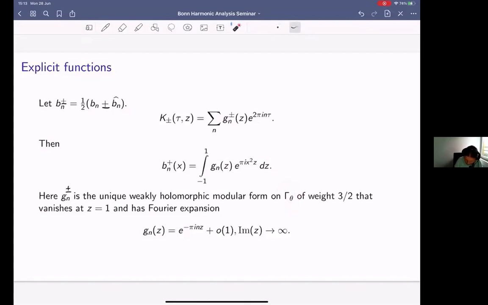They will have weight 3/2, and also certain vanishing conditions at infinity and at the cusps plus and minus 1. And so our interpolating basis can be computed as contour integrals of these functions G_n, also over this contour going from -1 to 1 in the upper half plane.